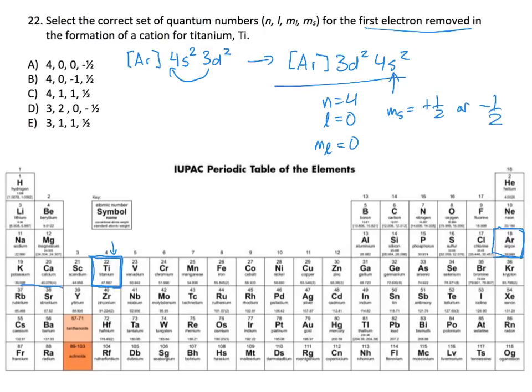Those 2 electrons in the 4s, the plus 1/2 and minus 1/2, have the exact same energy, so there's no reason to expect one to be removed before the other. The only option that corresponds to n equals 4, L equals 0, ML equals 0 is A, and the other ones don't make any sense.